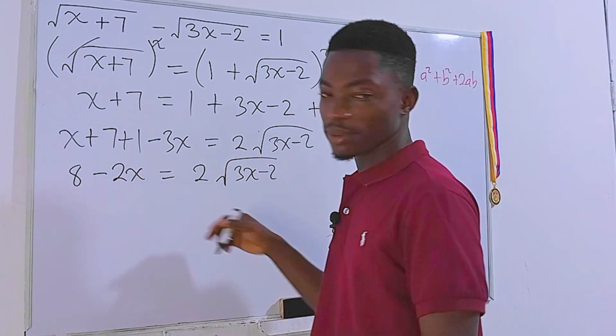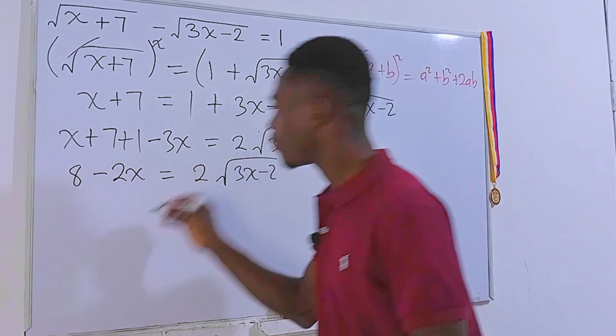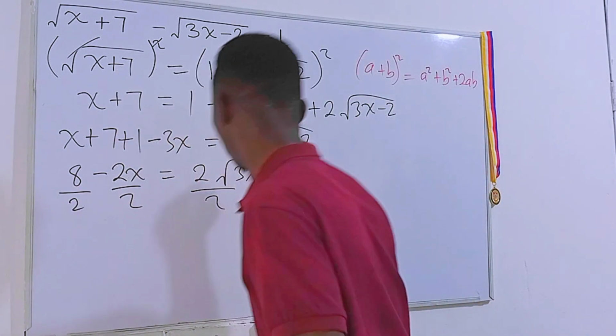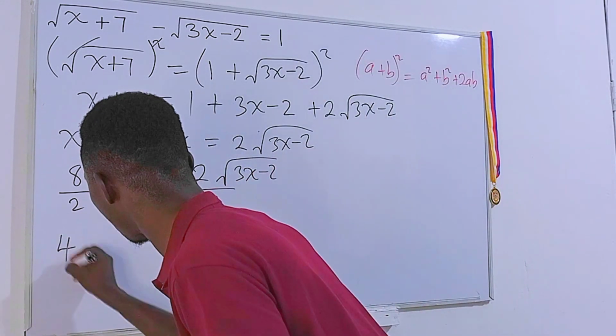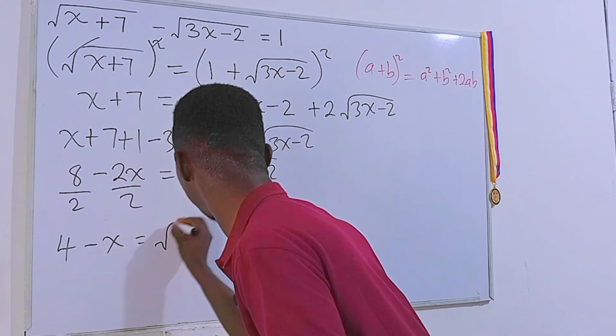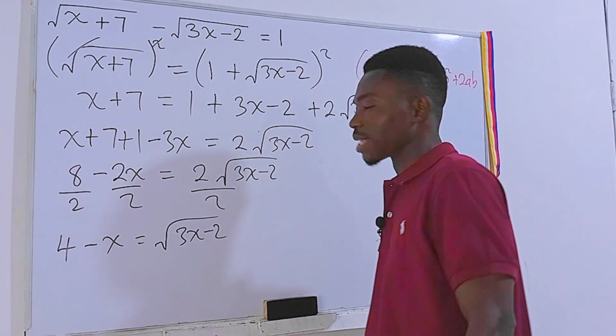Can we break the terms down? Of course, yes, because 2 can divide everybody here. If we do that, in fact, we have this divided by 2, this divided by 2, and this divided by 2 as well, so that you have 4 minus x. Then here you'll be left with just square root of 3x minus 2, just like this.